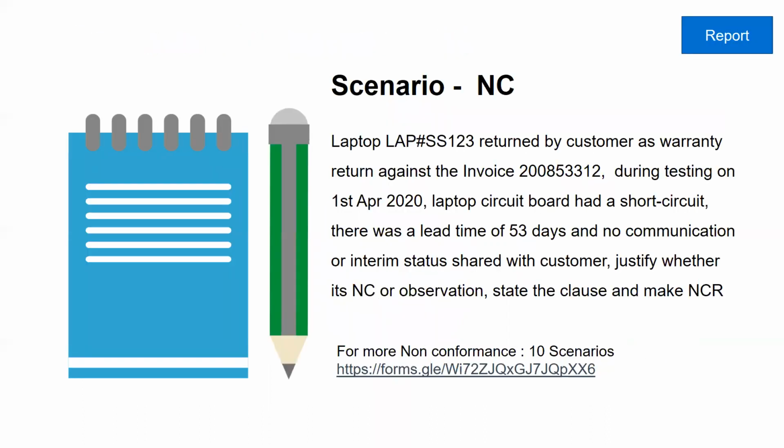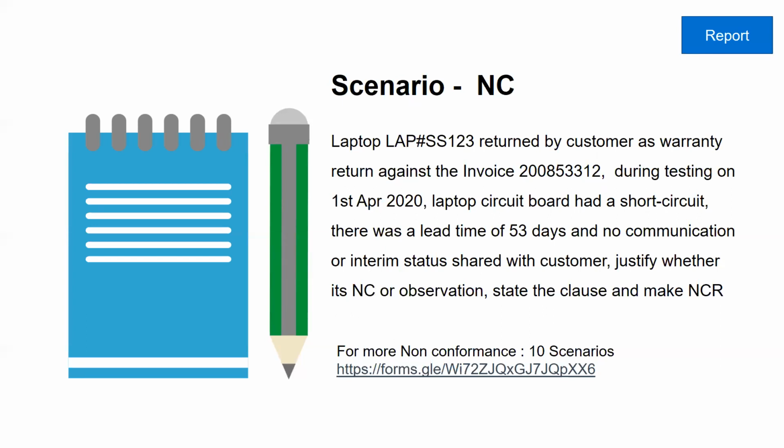So let's discuss scenario number 1. The same scenario is also in the Google form link and was discussed in video part 1. This is laptop number SS123, returned by a customer as a warranty return against the invoice. During the testing on the 1st April 2020, the laptop circuit board had a short circuit.